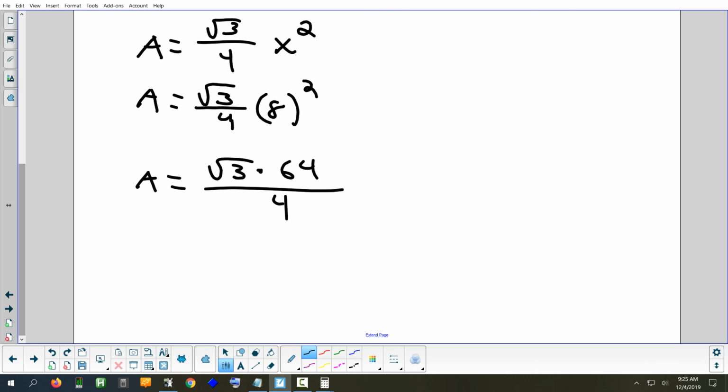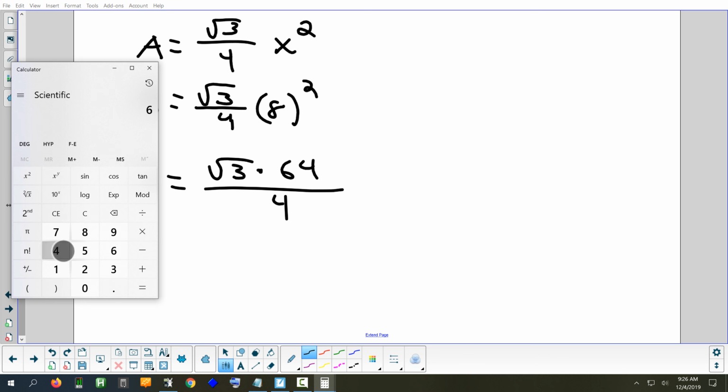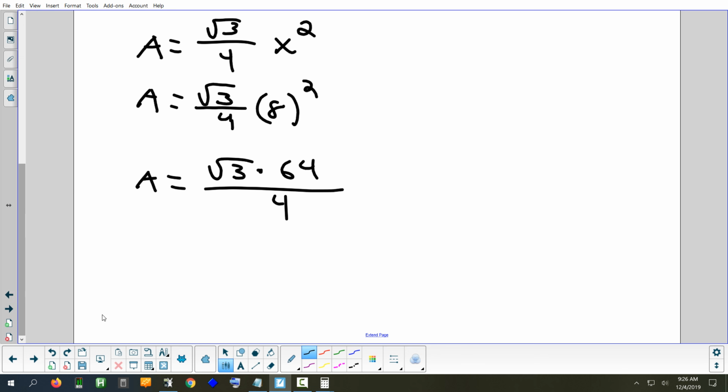So I think all we can do without a calculator is reduce 64 over 4. Is that going to go in evenly? Let's check. 64 divided by 4. Yeah, 16. So square root of 3 times 16, and then just see what that comes out to.